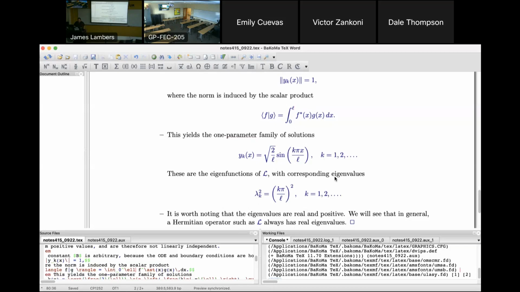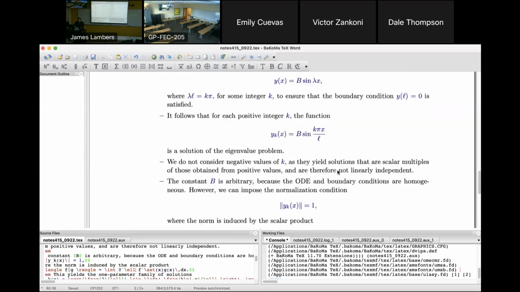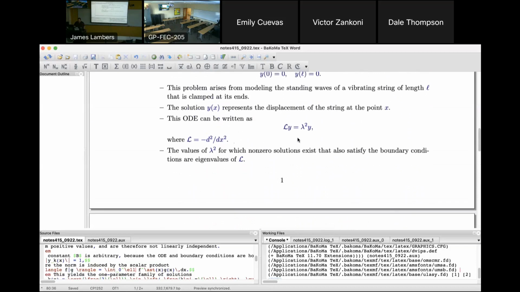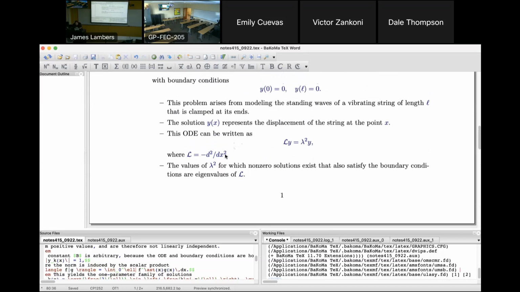It's also worth noting the operator that we used here, the operator L, is minus second derivative. And so when you take sine, like sine x or sine kx, and take a second derivative, it multiplies the function by minus k squared.